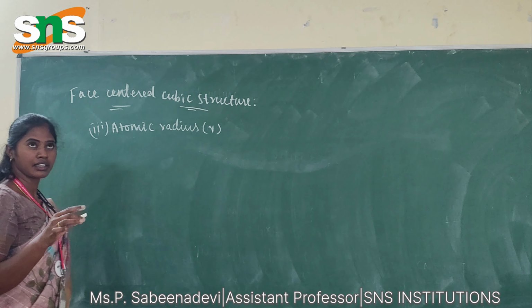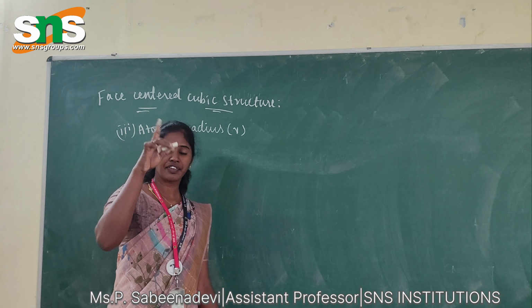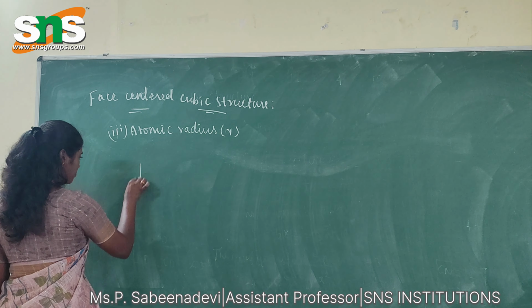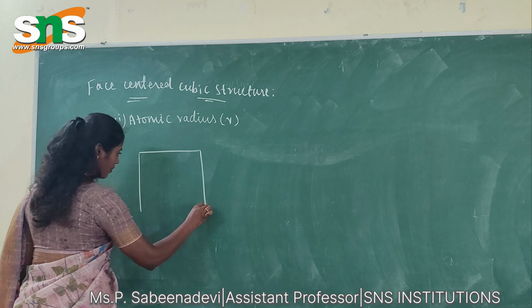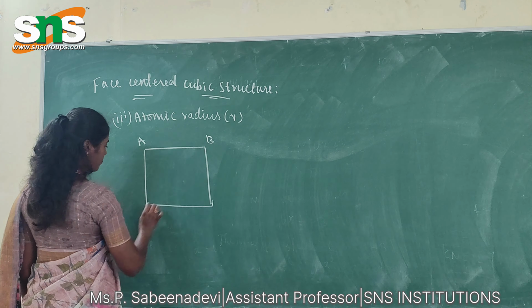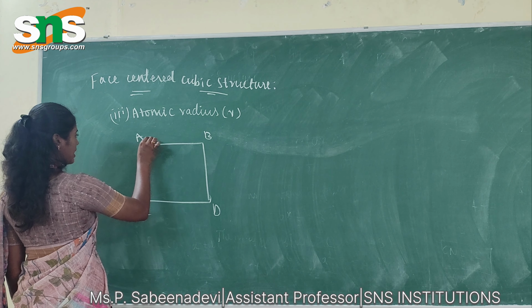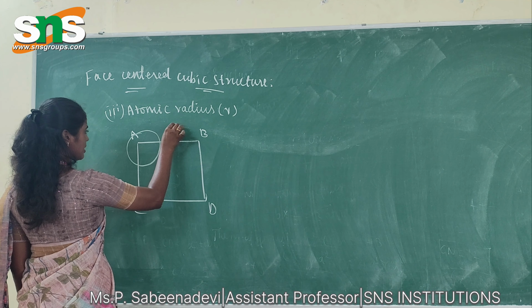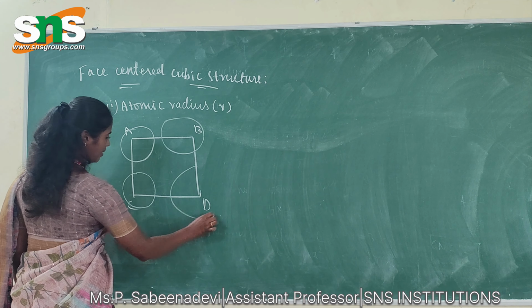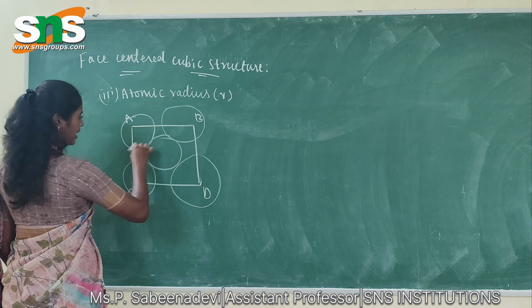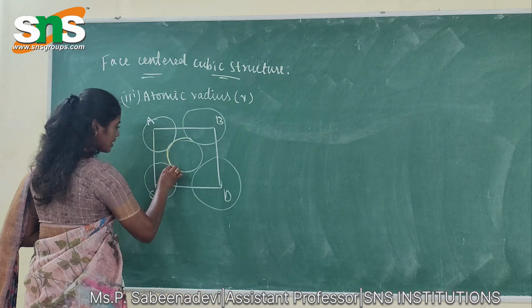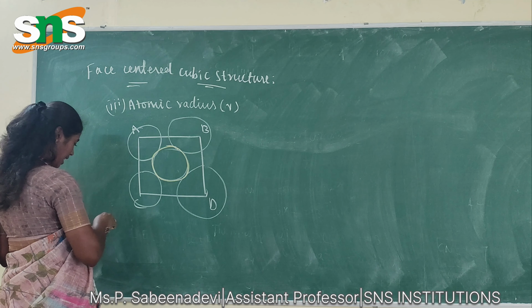Considering the FCC structure, all the faces are the same, so let us consider any one of the faces, A, B, C, D. Each corner has an atom, and inside the face, at the middle, it has one atom.